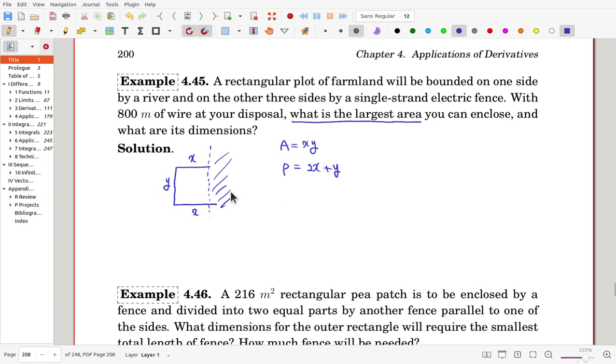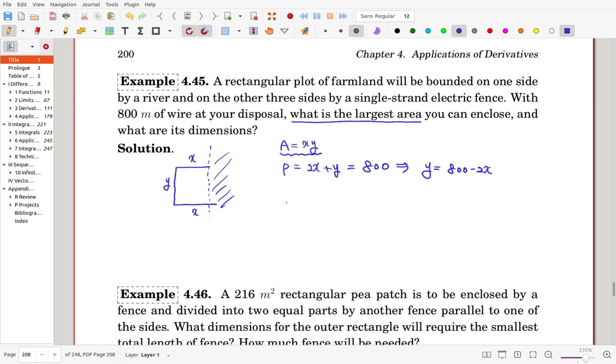The other side is the river. Right? And for that problem, we want to maximize area. The wire given is 800. So from this, y can be written as 800 minus 2x.